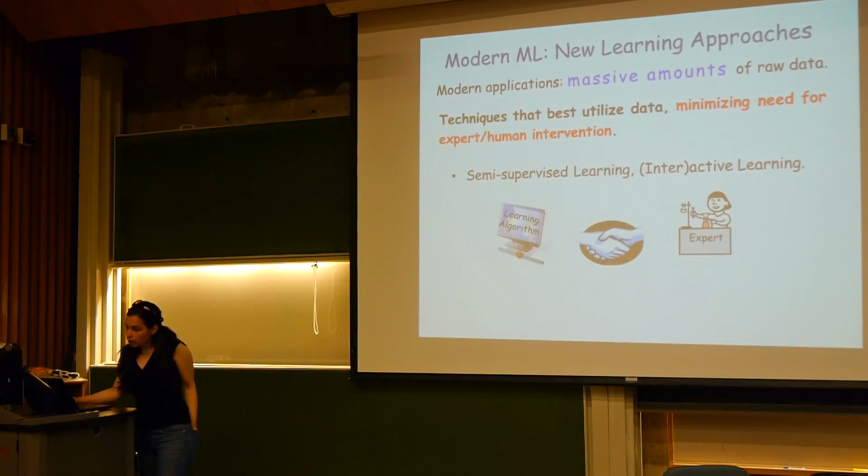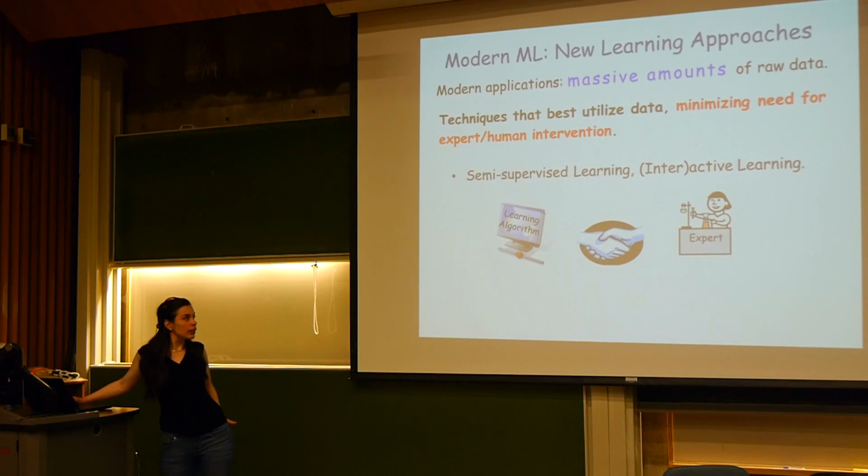Right, so it's one new key challenge, or more modern challenge, to design techniques that most effectively utilize the available data, huge amounts of data, while minimizing the need for expert intervention. Okay, it's a real issue today. It wasn't such an issue 20 years ago.